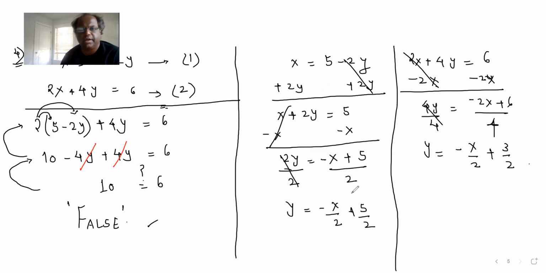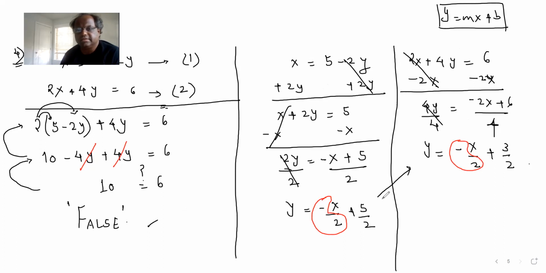I solved for y in the standard y is equal to mx plus b format, and I started looking at the properties here. M is the slope. And if you look here, you see that both the lines have the same slope.